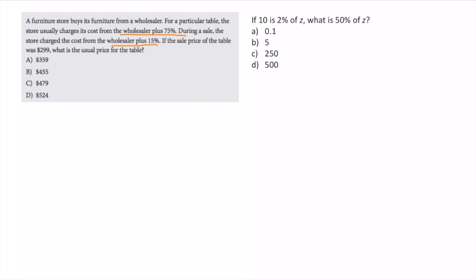Okay, so for this question, the sale price of the table was $2.99, and that was happening at the wholesaler cost plus 15%. So I know that 1.15 times P, we'll just say P is the price, equals $2.99.